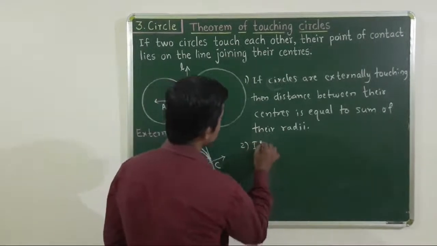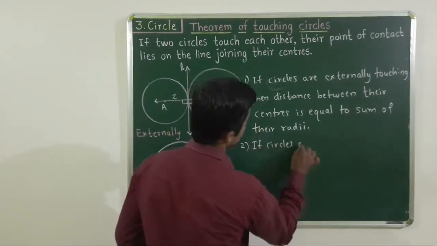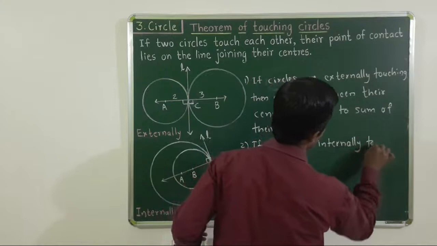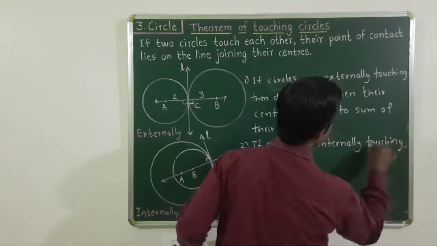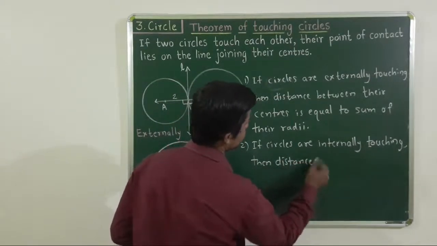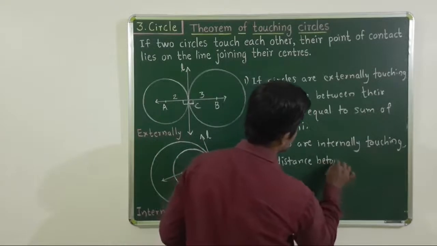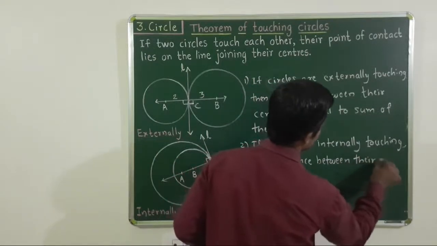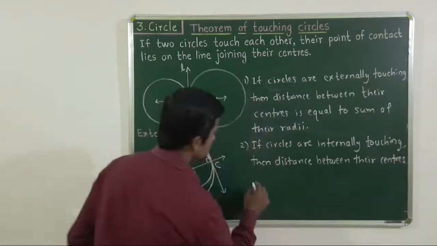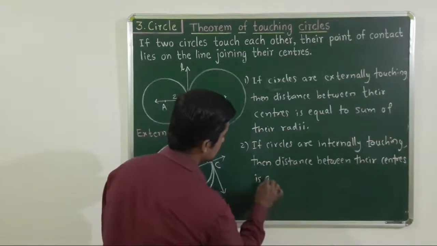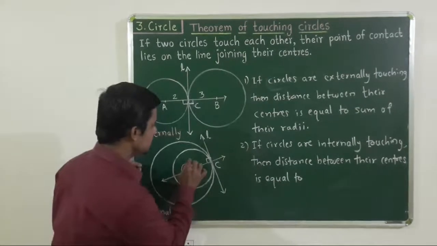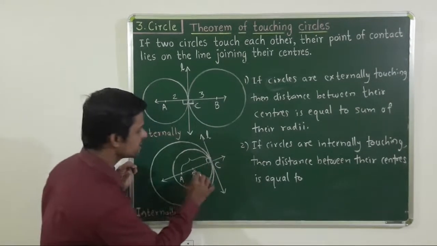If circles are internally touching, then the distance between their centers is equal to... now suppose AC is radius of first circle, BC is radius of second circle.